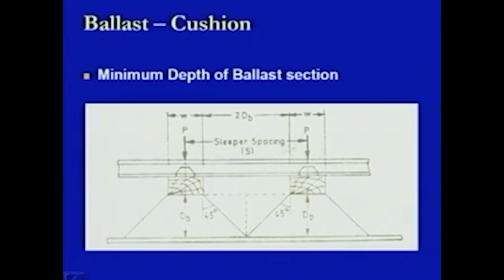So, the total sleeper spacing is 2 dB plus W. Using this equation, S equals 2 dB plus W, we find that dB is S minus W, and half of that is the minimum depth to be provided. That is the concept of finding the minimum depth of the ballast section on the basis of the load distribution criteria of the loads coming from the top, that is from the rail sections, to the bottom of the sleeper, which is also termed the bottom of the tie bar.